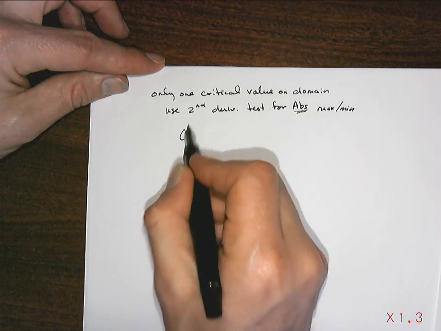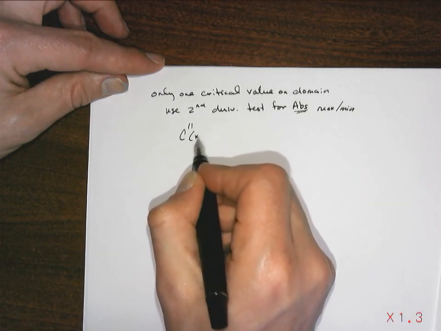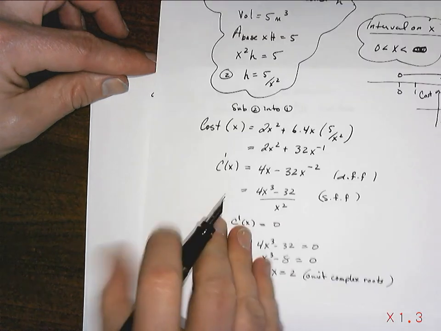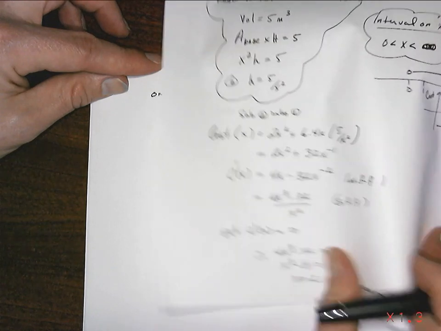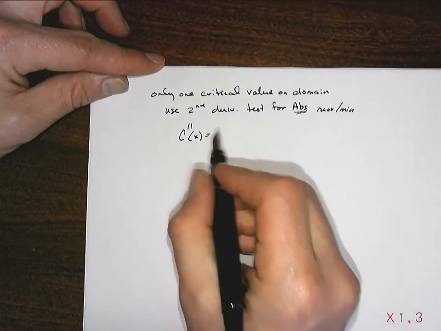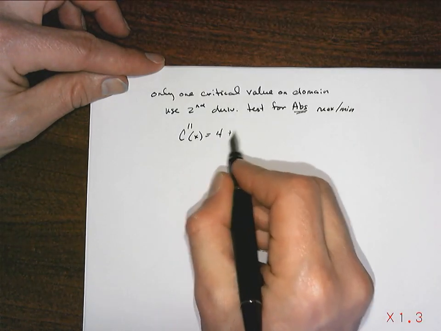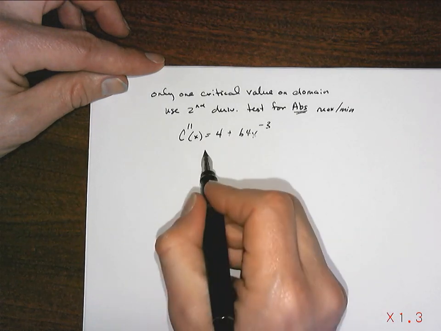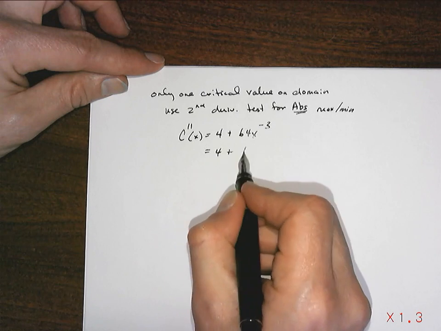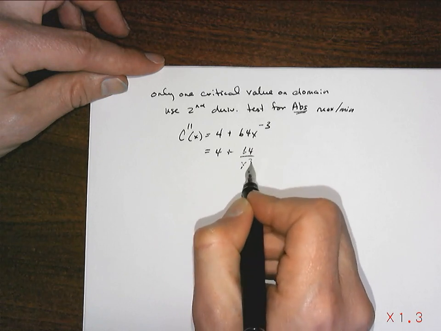So, the second derivative is going to be 4 plus 64 x to the negative 3. Which is simply 4 plus 64 over x cubed.